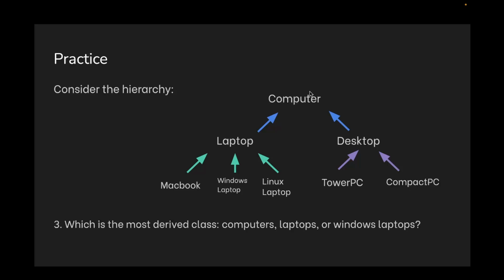These classes are the base classes for Windows laptop and laptop, but Windows laptop is actually the derived class. It's not the base class. So you should know the distinction between derived class and base class, because that's going to be pretty important.